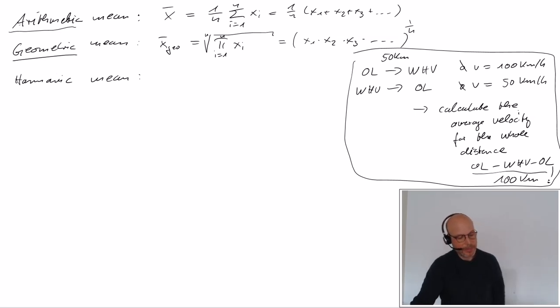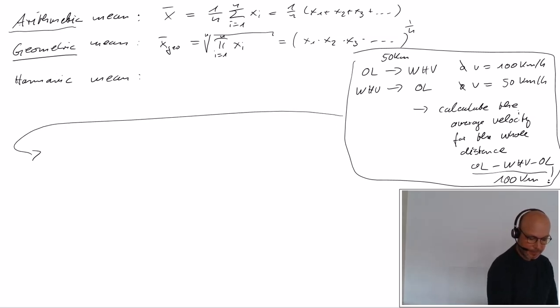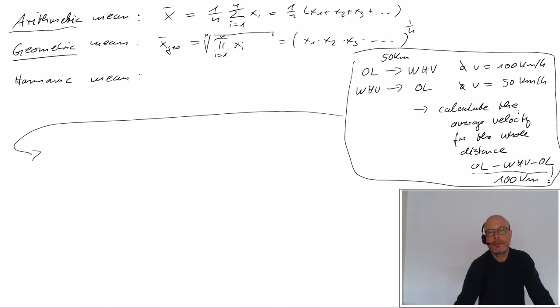So then let's do it together. How to calculate the average velocity here? What do you have to do? Velocity is distance over time.